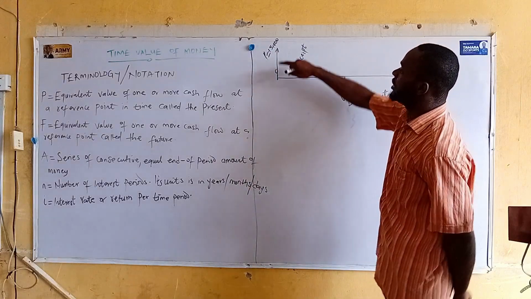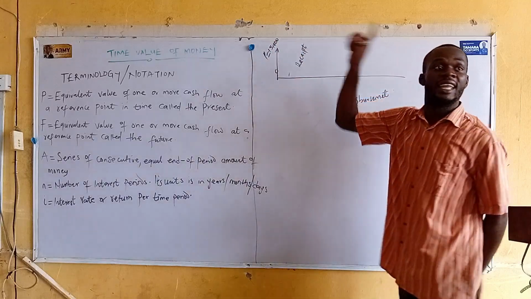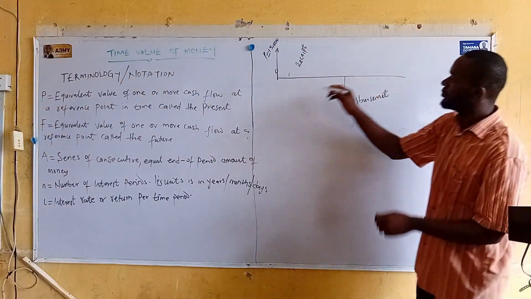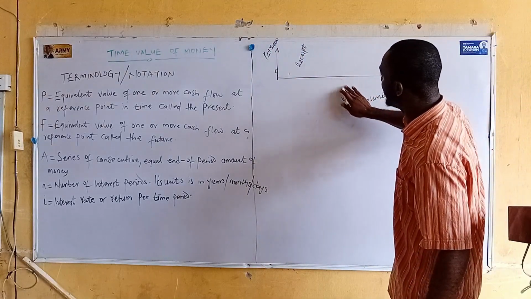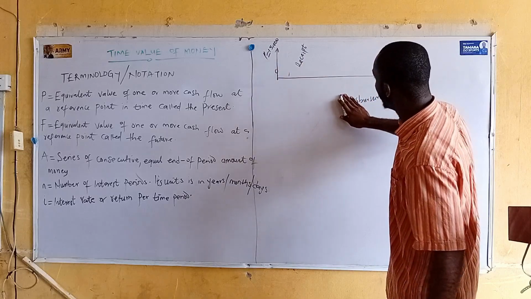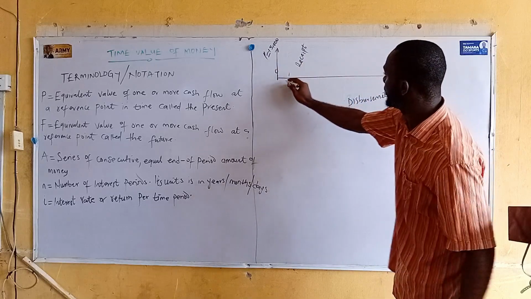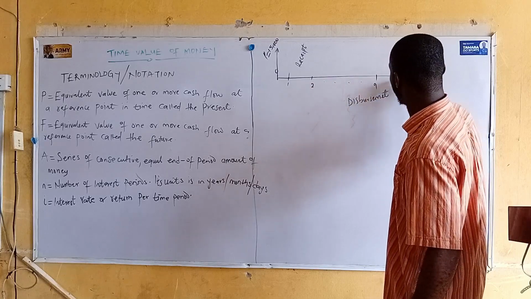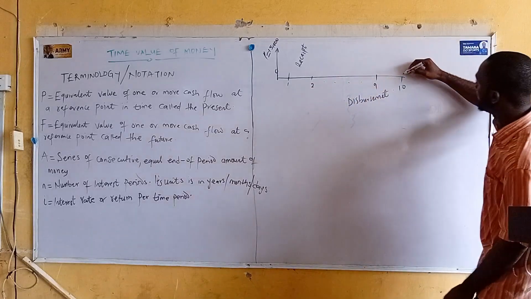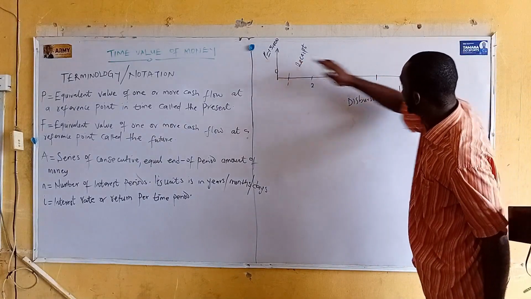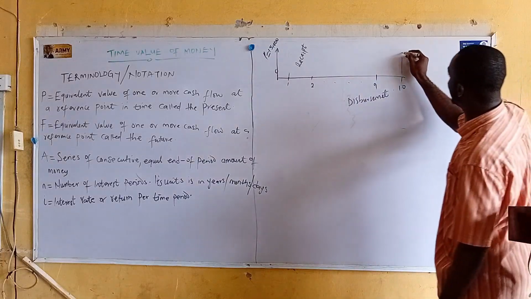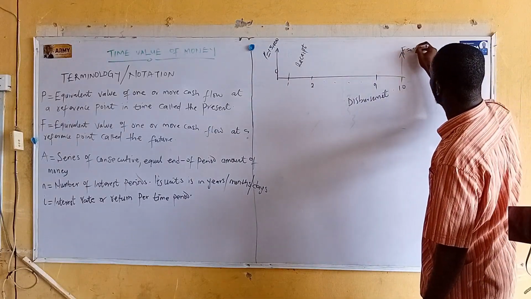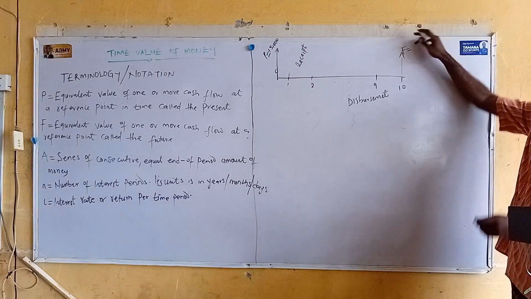You are asking me what the value of this money is in 10 years' time. So let's say this is 1, 2, 9, 10. The value of this money in 10 years' time is denoted as what? F, the future value.